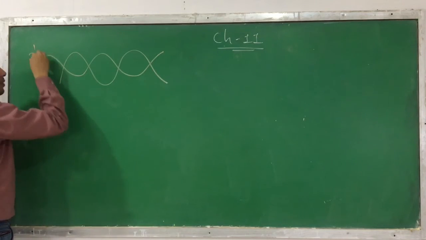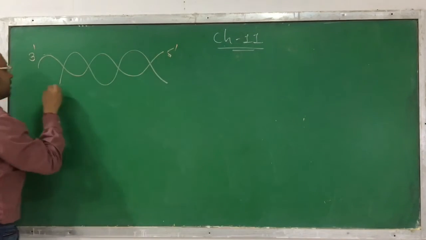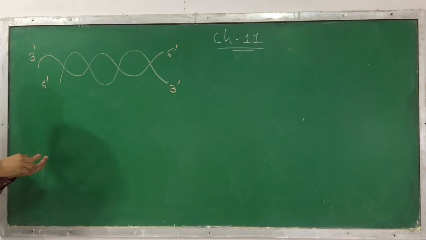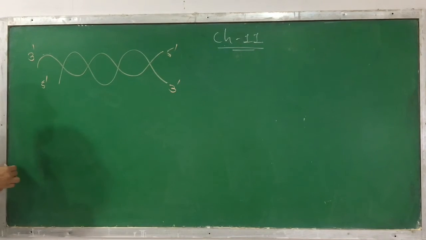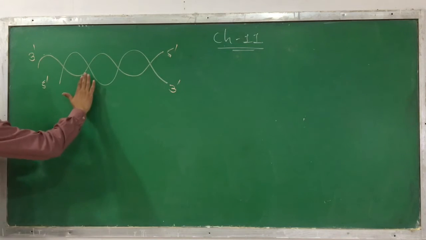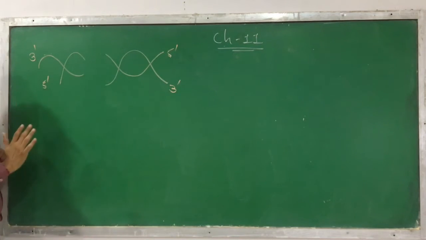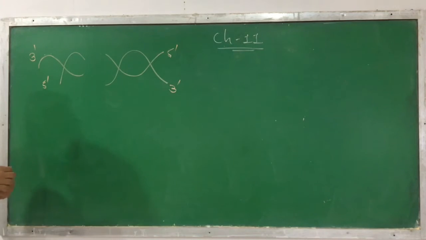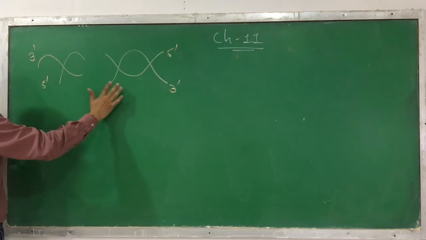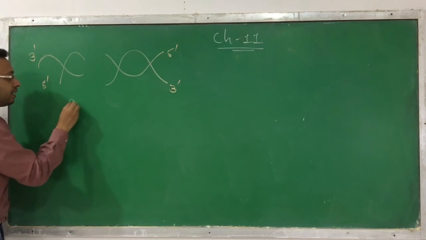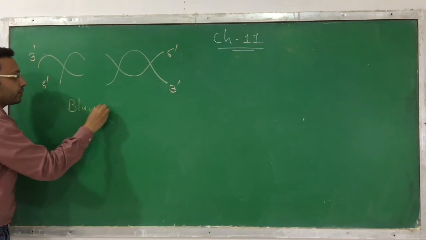One chain is running from 3' to 5'. The other one is running from 5' to 3'. Now they cut it. When they cut it like here, such a cut occurs. But when such a cut occurs, the ends which are produced are perfect ones. So here blunt ends are produced.